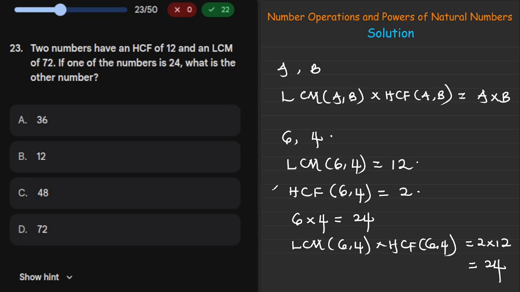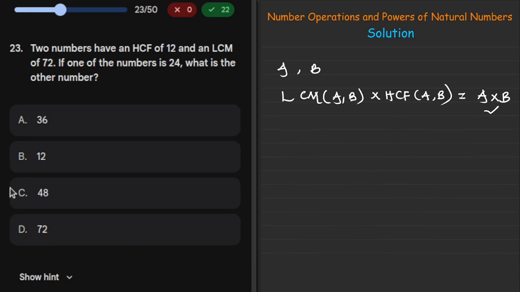So the idea once again is, if you multiply the LCM by the highest common factor, you would actually get the product of the two numbers. Let me erase this side so we work here. It says two numbers have an HCF of 12, so we have the HCF of the two numbers being 12, and their LCM being 72.